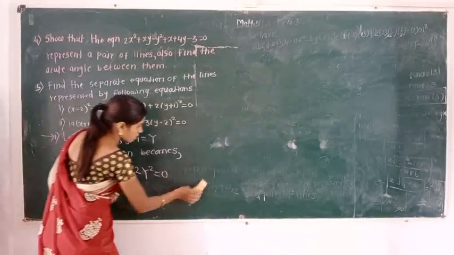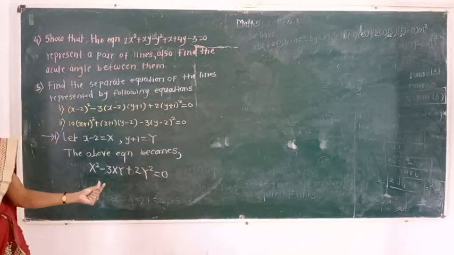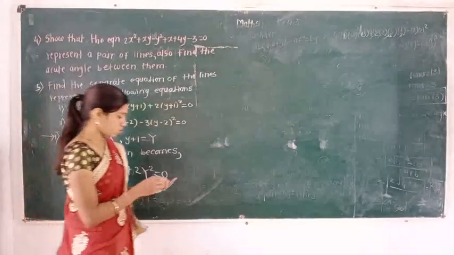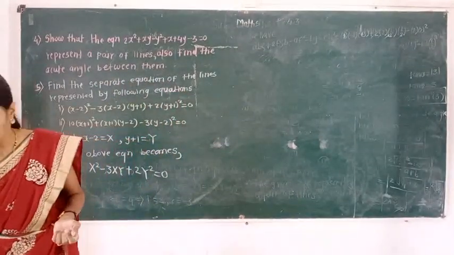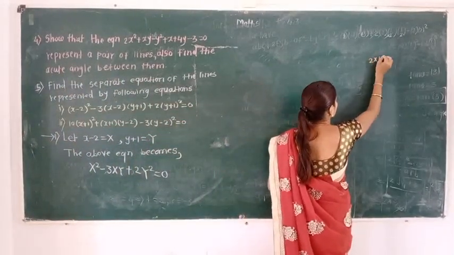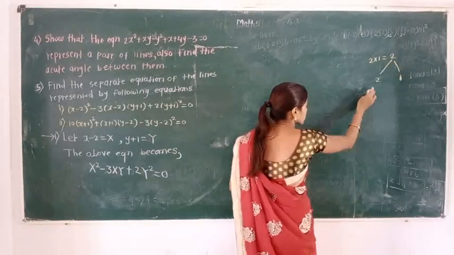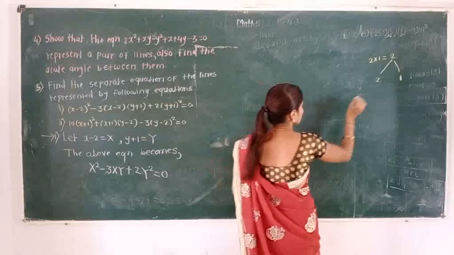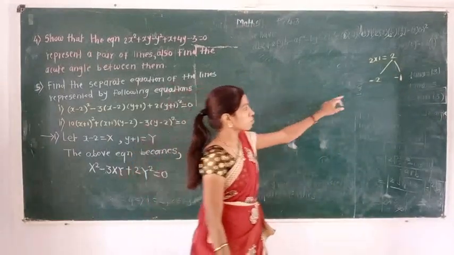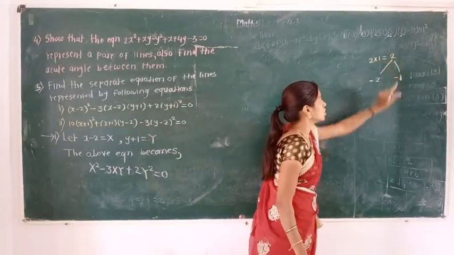Now see here, for factorization, the product of the two terms should be 2 and the sum of those terms should be minus 3. So for factorizing this equation, 2 into 1 gets 2, so take the factors 2 and 1, but the sum of these two terms gets minus 3, so take a minus sign for both. The sum of minus 2 minus 1 gets minus 3, and the product of these two terms gets 2.